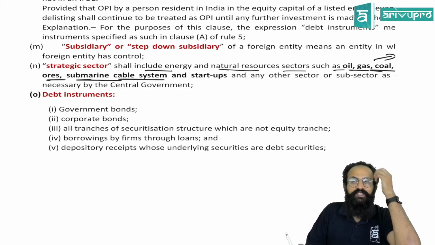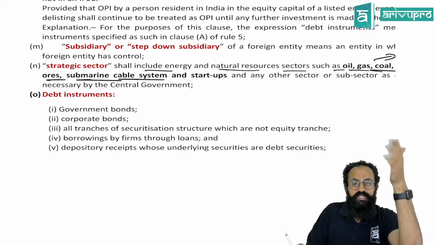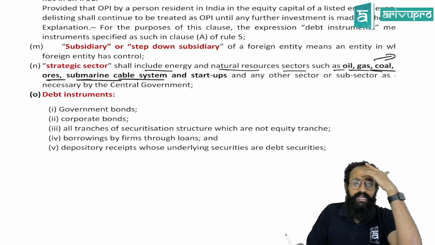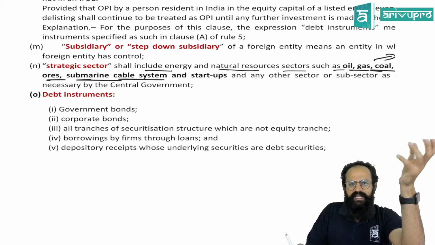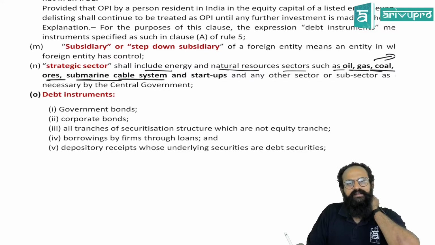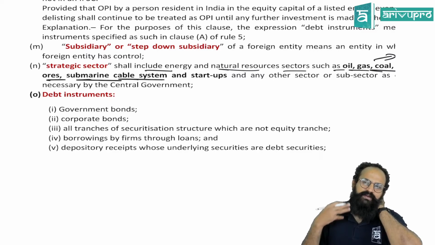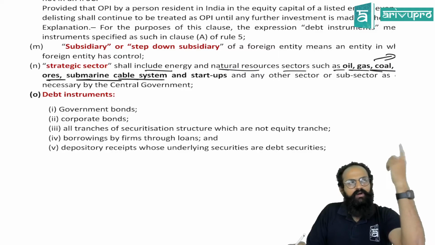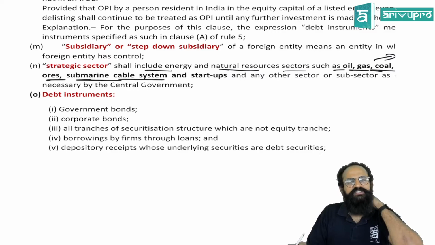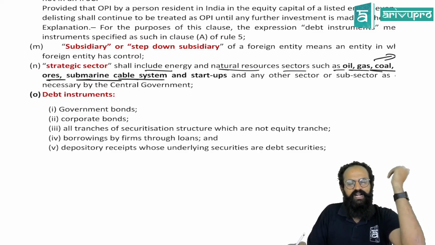Submarine cable system means, now imagine we have something called Lakshadweep, Andaman and Nicobar Islands. Now Andaman and Nicobar Islands, there is a full life setup there. Correct? Now whatever infrastructure is required, everything will be in India. Now how will we provide internet facilities in Andaman and Nicobar?